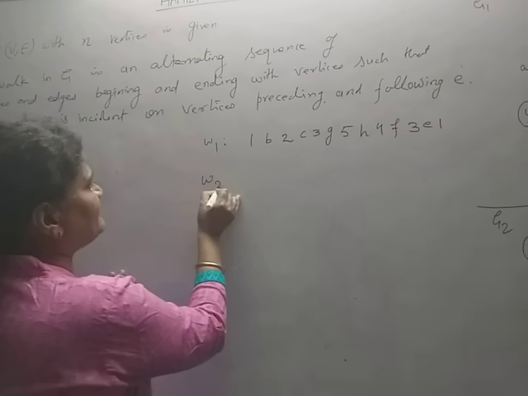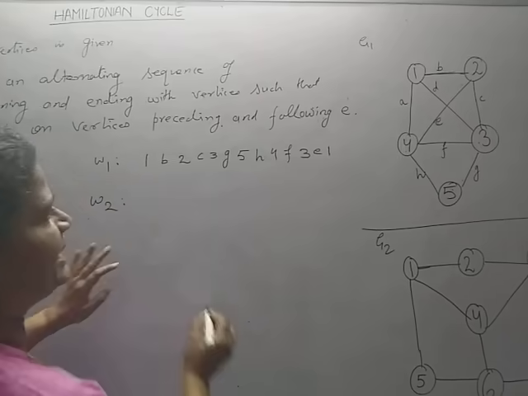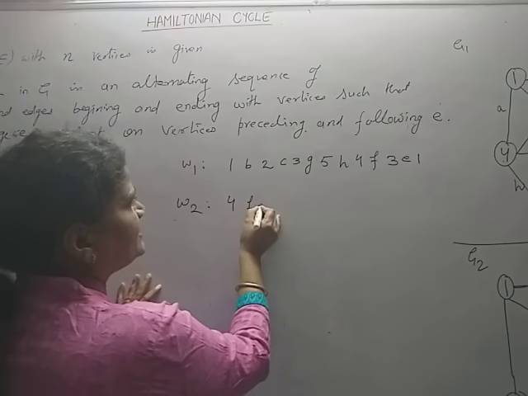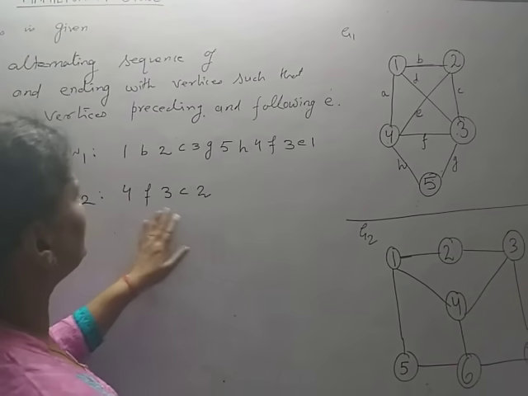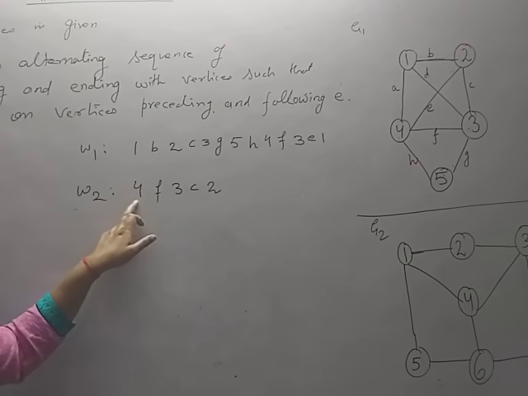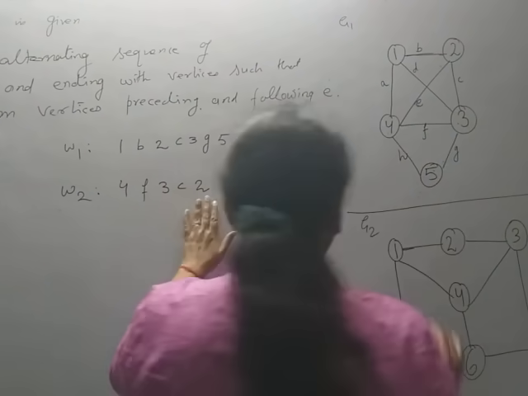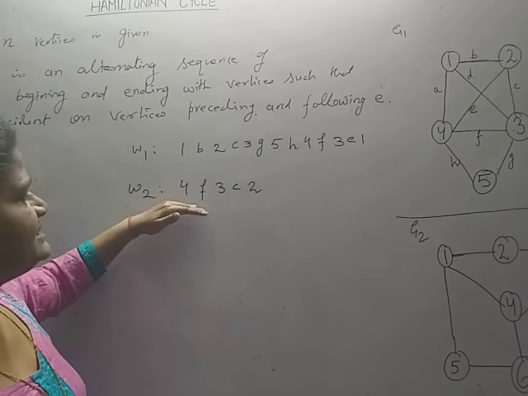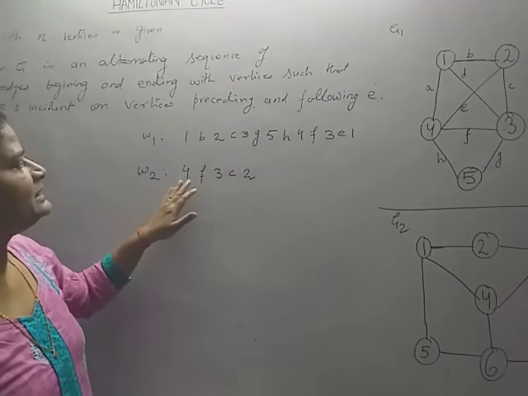Suppose for the same graph G1, another walk can be 4, F, 3, C, 2. This is also a valid walk. The second walk starts at vertex 4, goes 4 to 3, 3 to 2, and ends at 2.